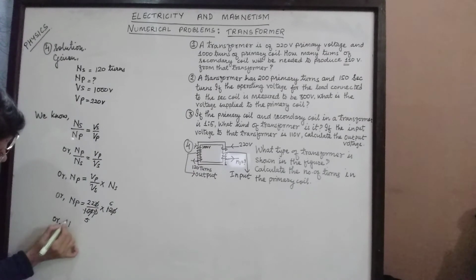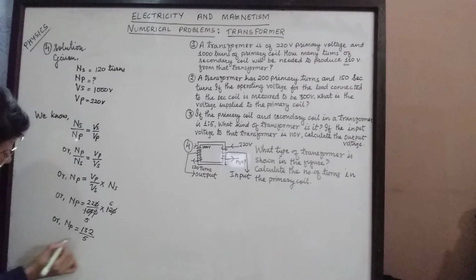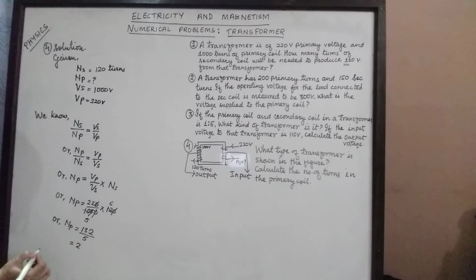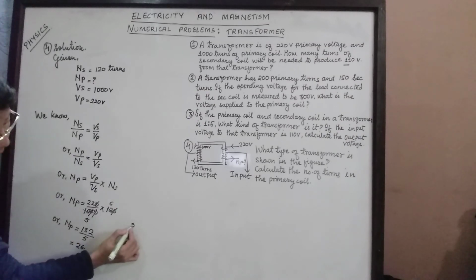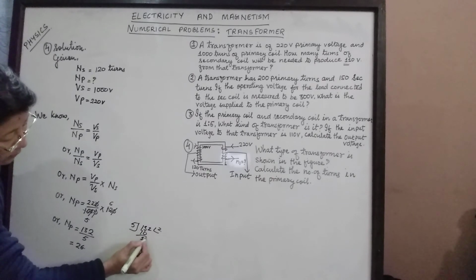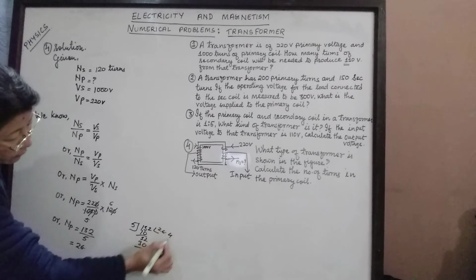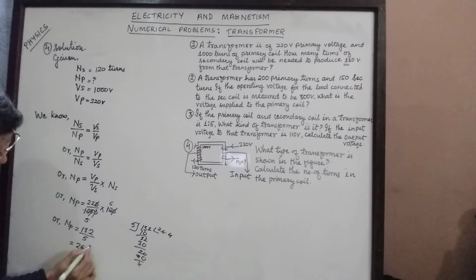NP equal to 6 2s are 12, 6 2s are 12, 132, 5. Now what will be the value over here? 5 2s are 10, and 5 6s are 30, 2 remaining. 5 2s are 10, 32. 5 6s are 30, 2 remaining. Decimal 0, 5 4s are 20. 26.4 number of turns in the primary coil.